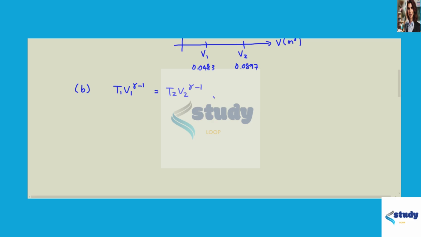And we also have V1 equals V3. And from the isobaric process, the pressure is constant.